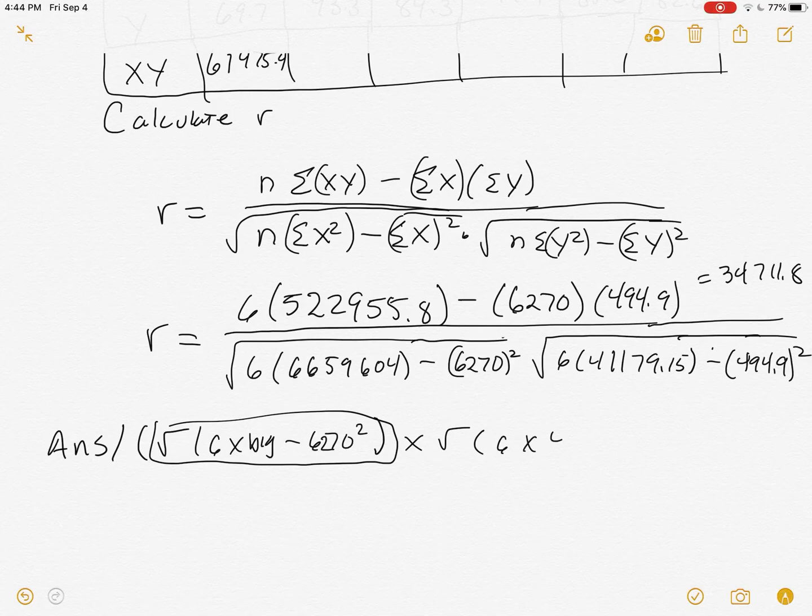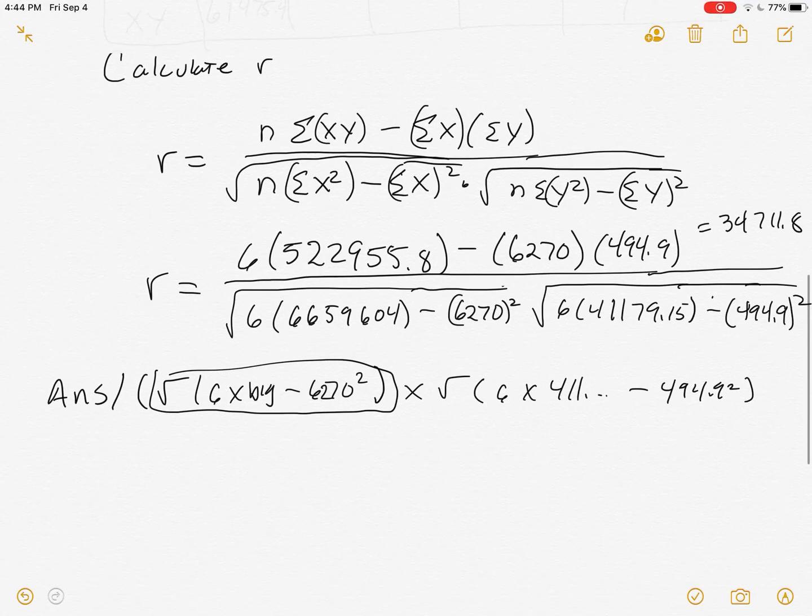So I did 6 times the 41179.15 and then minus the 494.9 squared. Close that parenthesis, and you don't actually have to close the last one. You can, and then just hit equals, and here's the R value that I got. Super big, 0.9325. So I'll put 0.933.